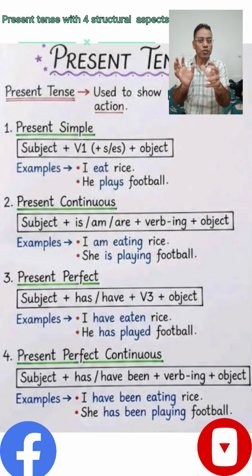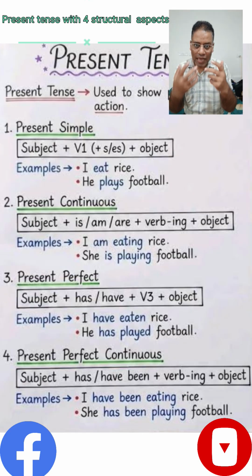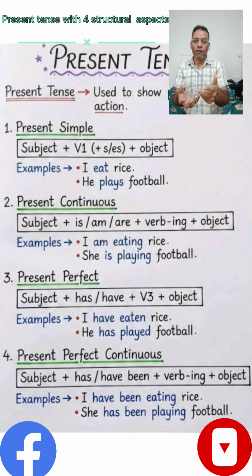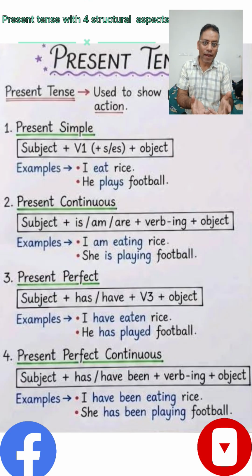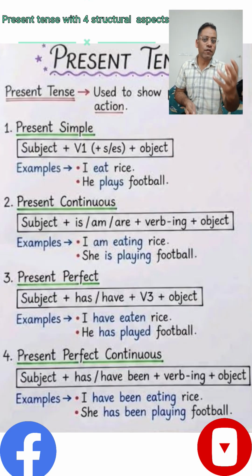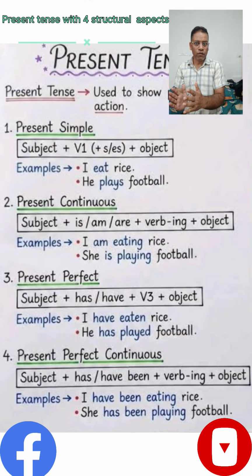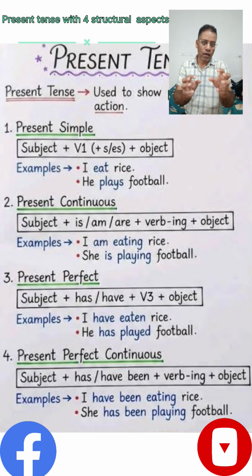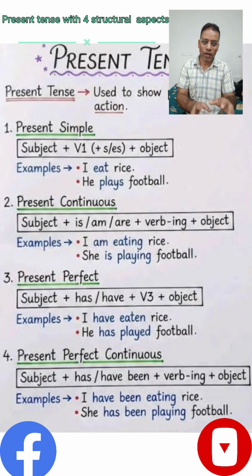That is the reason we are using has in place of have. Okay, we said he has played. Played is again the past participle form of play, and football is an object. He is a subject, the working verb is played, and the object is football.